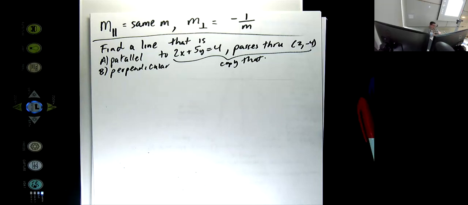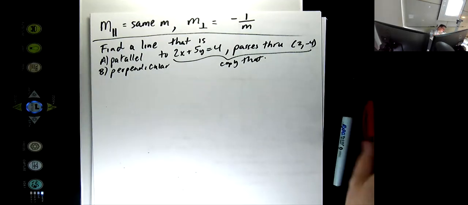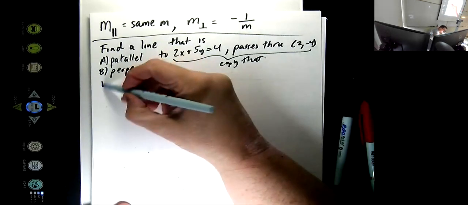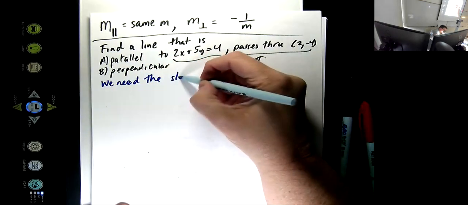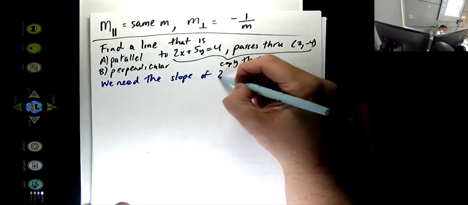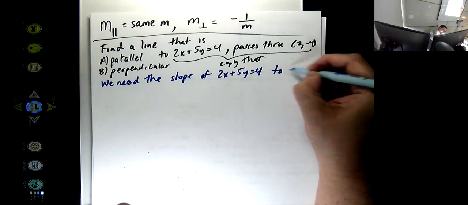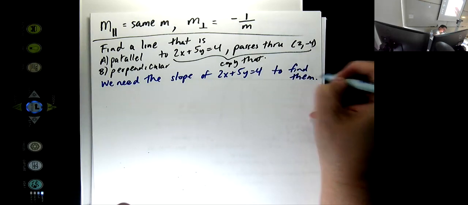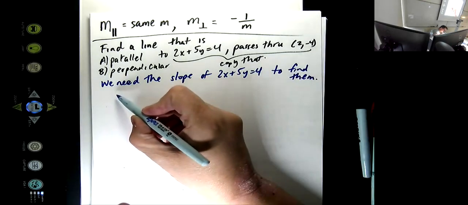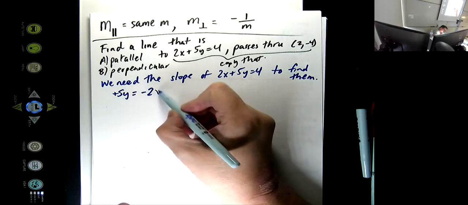All right, so first thing we need to do is find the slope of this line to find both of those other lines. If we subtract 2x from both sides, we get 5y equals -2x plus 4.